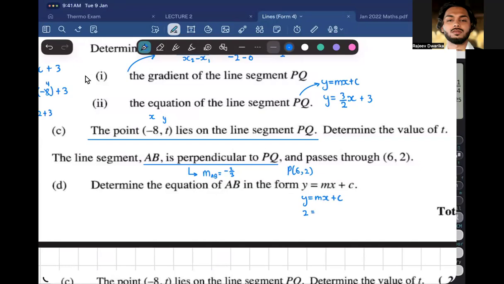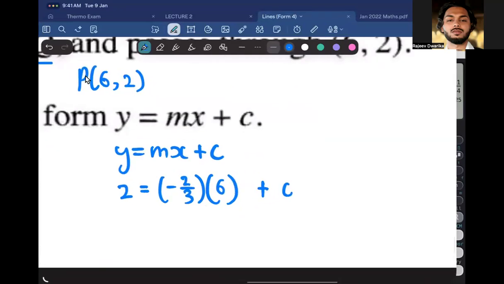M would be minus 2 over 3. x, what is x? 6. And you're supposed to say plus c. What next? Well, 2 sixes, I have to say negative 12 over 3 plus c.